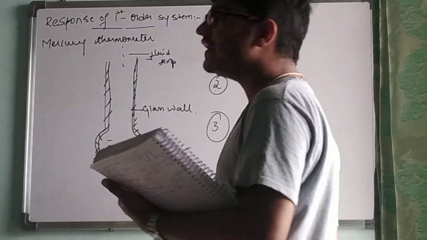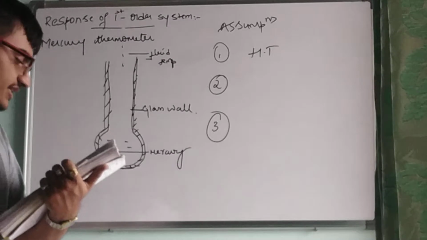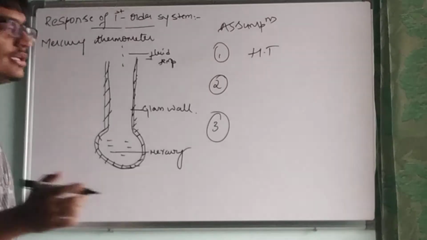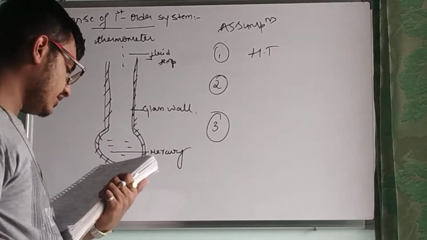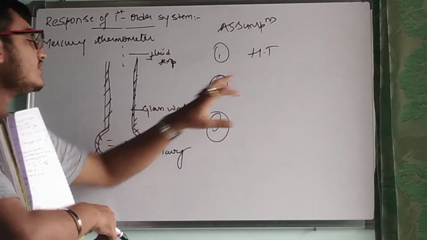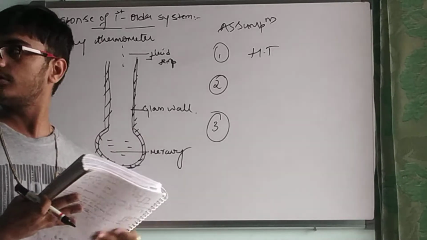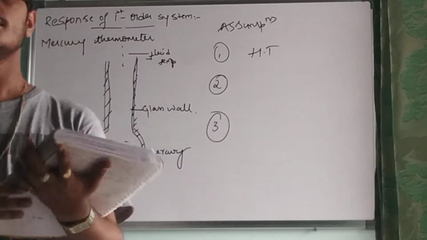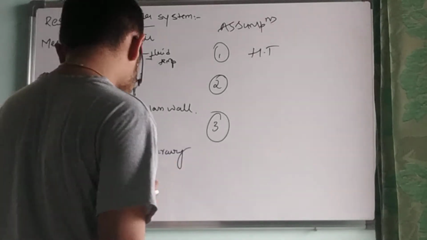Whatever resistance is offered to heat transfer is only due to the film surrounding the bulb, that is, the film surrounding the fluid. And all thermal capacity is in the mercury.